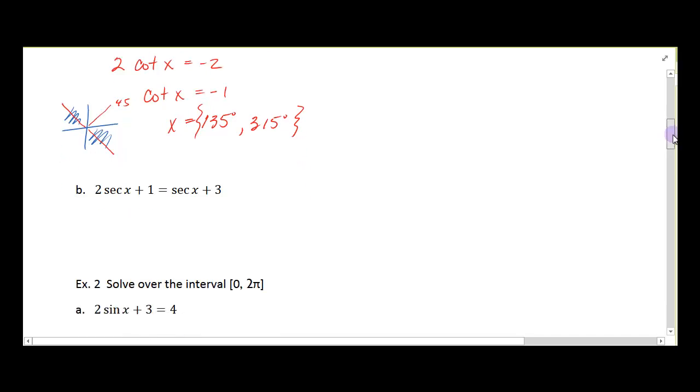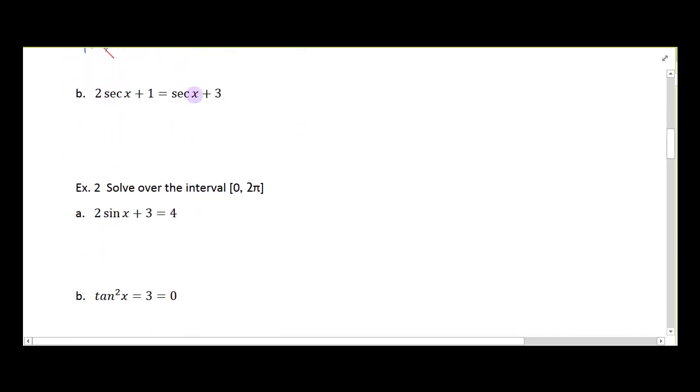So let's practice another one. For this example, I have 2 secant x plus 1 equals secant x plus 3. I'm wanting to isolate the trig function. In other words, that's what I'm solving for initially, and I'm going to do that by gathering all of my secant x terms on the same side.